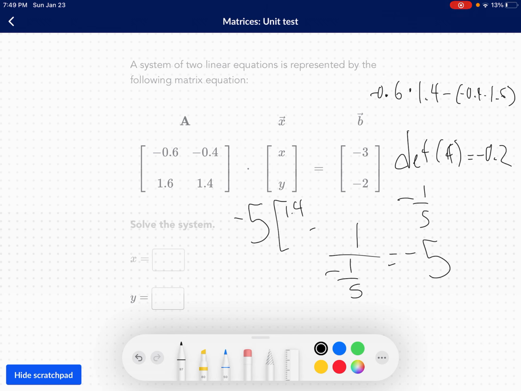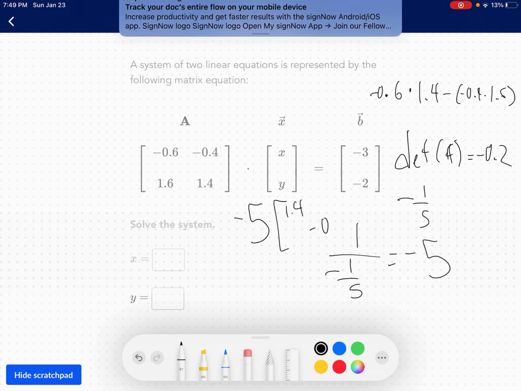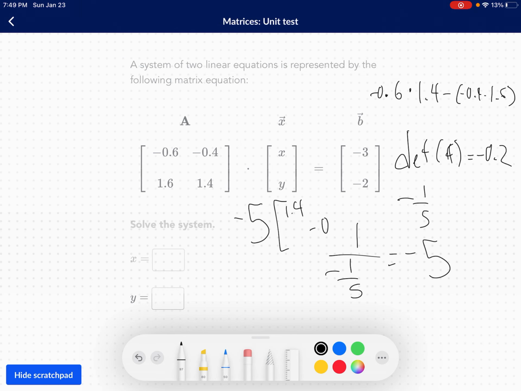Swap the A and D: 1.4, negative 0.6, and negate the B and C, negative 1.6 and 0.4. Wait, I'm going to make sure I didn't mess up anything. So I found the determinant.